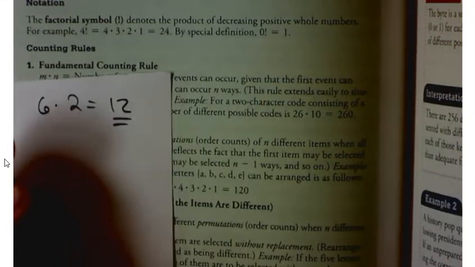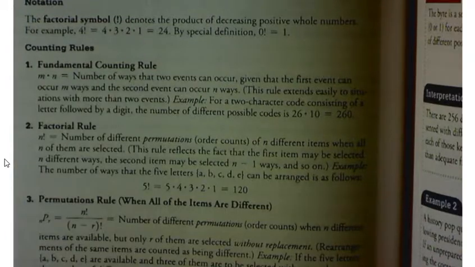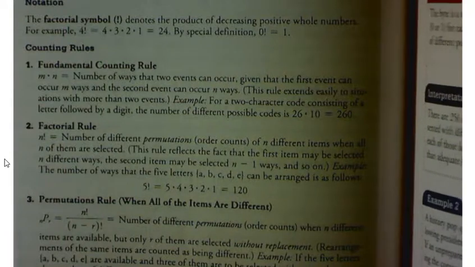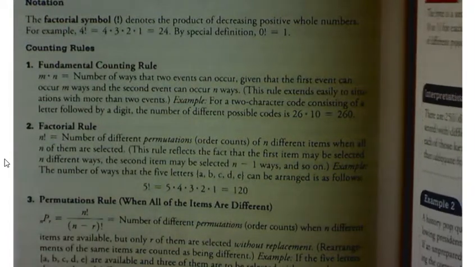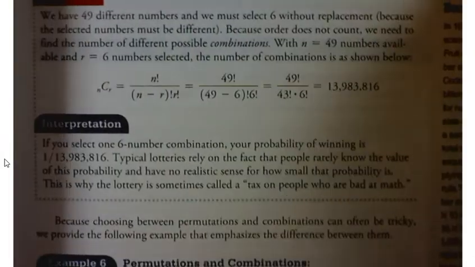Together there's 12 different events, so it's a different counting rule for that. You'll see that here and there. What I want to emphasize now is the permutation and combination rule. So let's do a couple more for that.